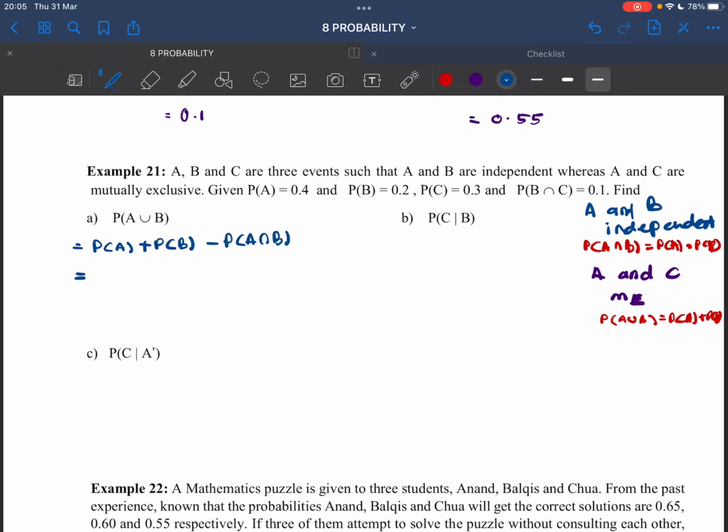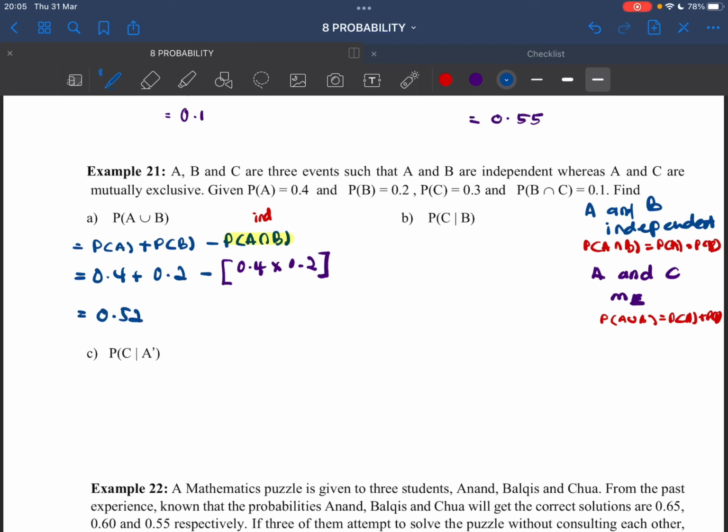So we have P(A) equals 0.4, P(B) is 0.2, and P(A∩B) is 0.4 times 0.2, because we know that this is independent. So the formula will be P(A) multiplied by P(B), that is 0.4 times 0.2. Put that in your calculator and you should get 0.52.